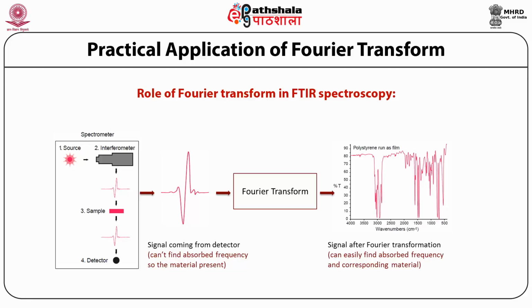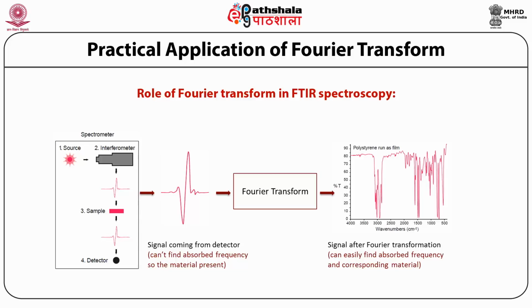That means it is going to be a property of the material. So if a particular wave number appears for a particular material, then you know whether that material is present or not, and with the amplitude you can relatively judge how much it is present.